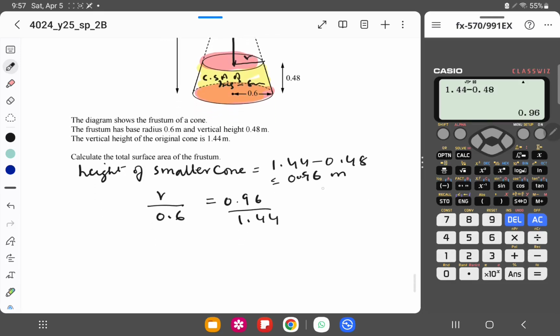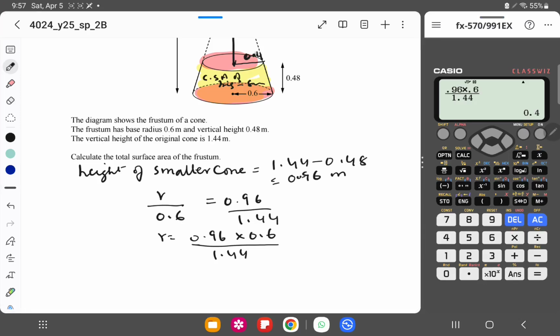So the radius of the smaller cone is equal to 0.96 multiplied by 0.6 divided by 1.44. That is equal to 0.4, the radius of the smaller cone.